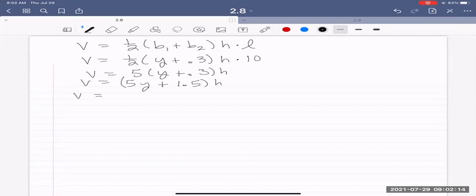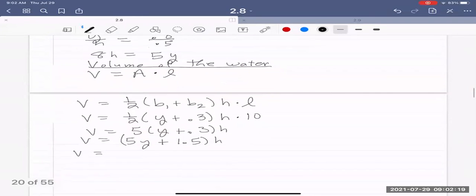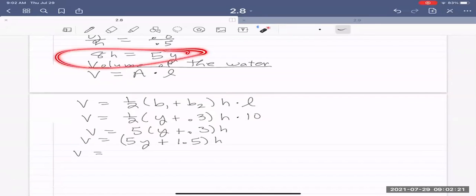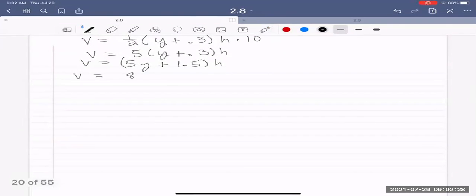Now, 5y is 8h, so I can use this fact. So that's 8h plus 1.5h. I can simplify this as 8h squared plus 1.5h. And so let's take the derivative.